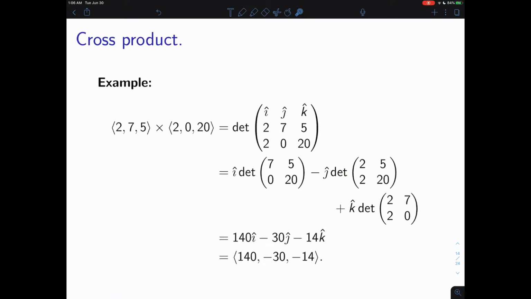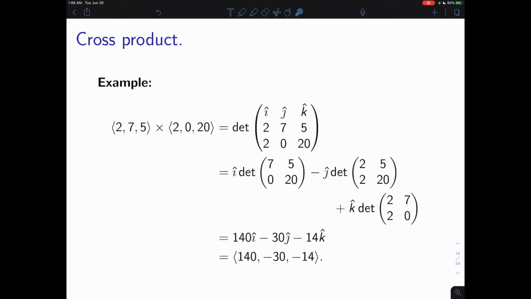All right, let's see an example. So here's an example fully worked out, and I'll just talk through it. I've got 2, 7, 5, cross product 2, 0, 20. So I set up my 3 by 3 matrix. I put ijk on top, and I put my first vector as the row under that, 2, 7, 5, and then I put my second vector 2, 0, 20 as the next row under that.